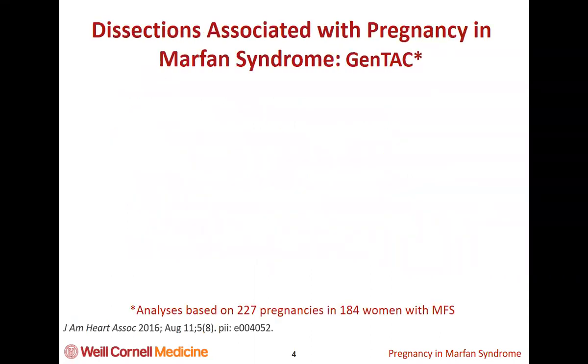So in terms of the magnitude of dissection risk, I'd like to look to a couple of large registries with which we've been involved. The first is the GenTAC registry, and in this analysis, we analyzed 227 pregnancies in 184 women with Marfan syndrome.